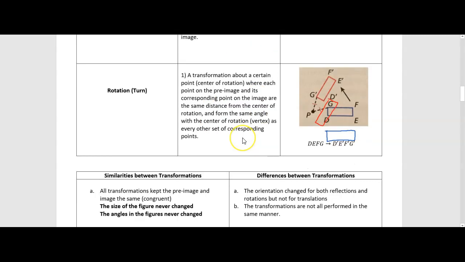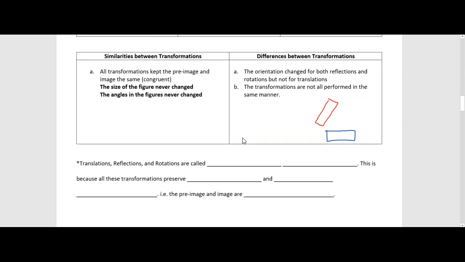All right, let's think about what this means then. Because these transformations keep the figure the same, these are actually called rigid motions. All three of these transformations have another special name: they are called rigid motions.